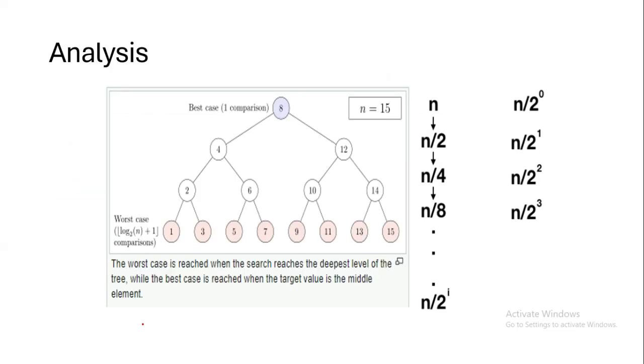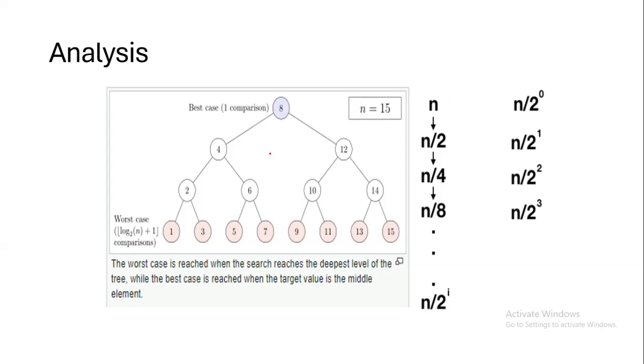Now, coming to the analysis part. As we have seen over here, initially the total number of elements from which we have to search the element is, say, 15, so the mid of that is nothing but 8.